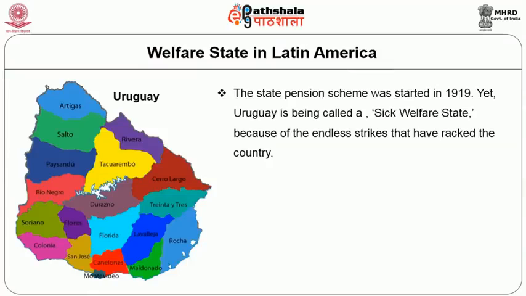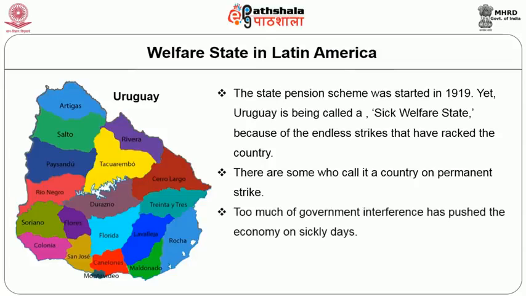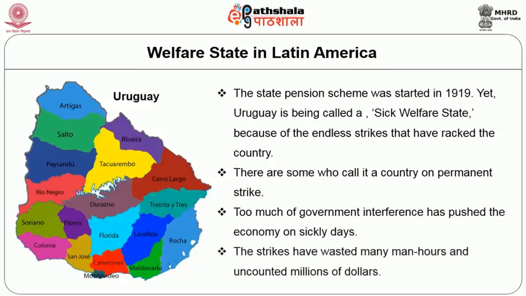The state pension scheme was started in 1919, yet Uruguay is being called a sick welfare state because of the endless strikes that have racked the country. There are some who call it a country on permanent strike. Too much government interference has pushed the economy into sickly days. The strikes have wasted many man-hours and uncounted millions of dollars.